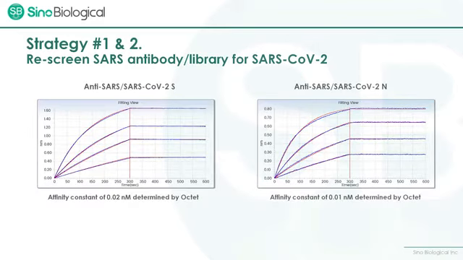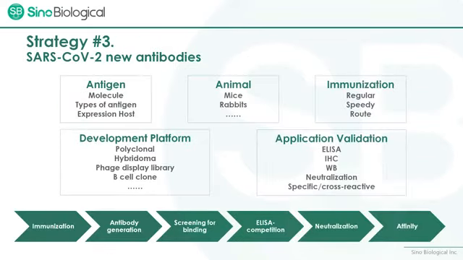Then we wanted to check the affinity of these new antibodies. And we found that both antibodies show very high affinity interaction with their proteins by Octet. So for strategy number 3, we want to start from the beginning. We immunize the animals with the SARS-CoV-2 antigens, including the spike and the N proteins.